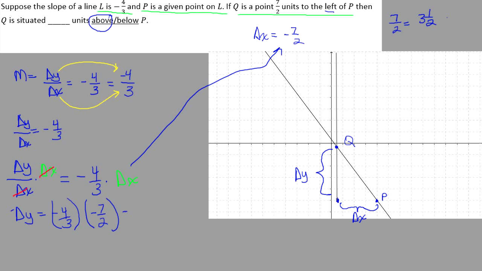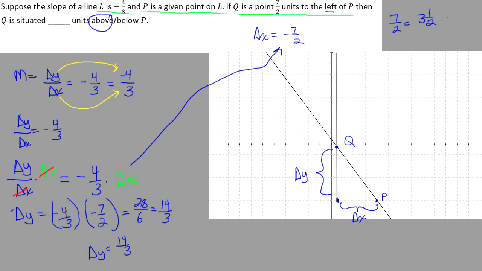So doing the multiplication, I've got a single minus sign over here and a single minus sign over here, so there are 2 minus signs total. That's going to make this fraction positive, and it's going to be positive 28 over 6. And if I divide 2 into both the numerator and the denominator, I get 14/3. So I have delta y equals 14/3.